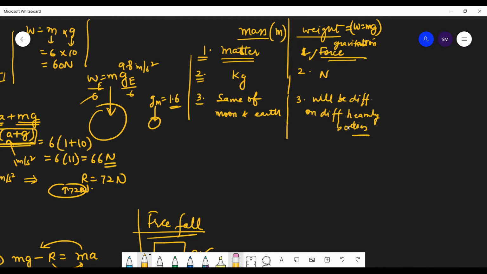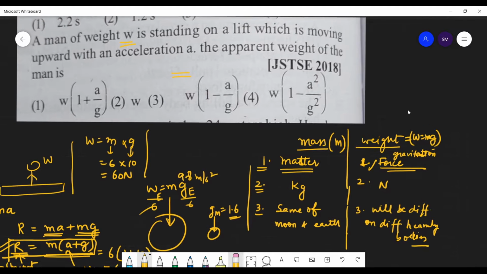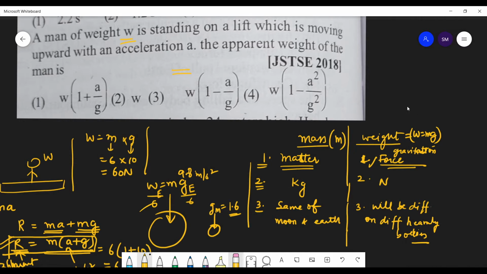Okay. Now let us come back. We have understood this concept well. Now let us come back to our question. So the question is, a man of weight W is standing on a lift which is moving upward with acceleration A, right? So the apparent weight of the man.